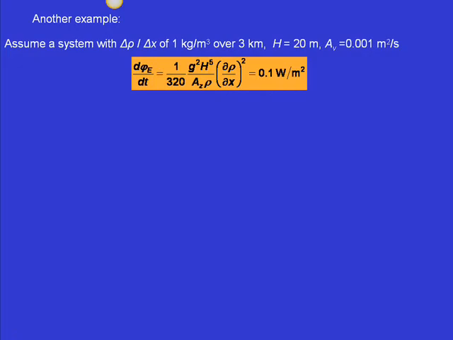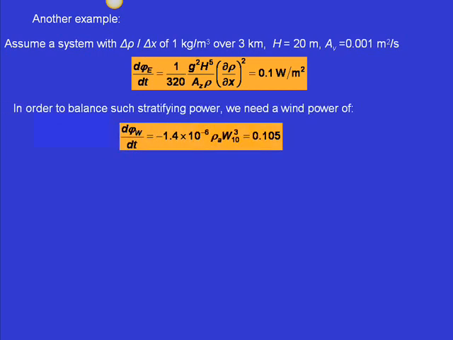What kind of currents or winds do we need to destratify this? Any idea? If we're stratifying the water column 3 orders of magnitude more strongly, we need very strong, yeah. As you'll see, you'll need a hurricane.